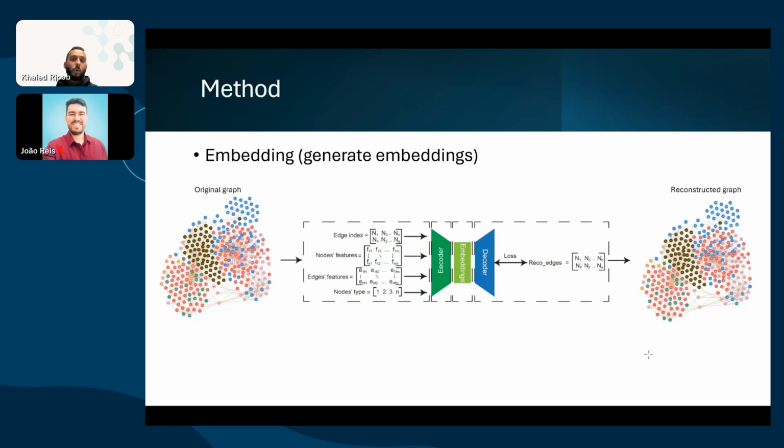So we used our own embedding algorithm, which is called directed variational graph auto-encoder, which takes into account the direction of the relationship between the nodes, the features inside the nodes, the features on the links between the nodes, and the node type.